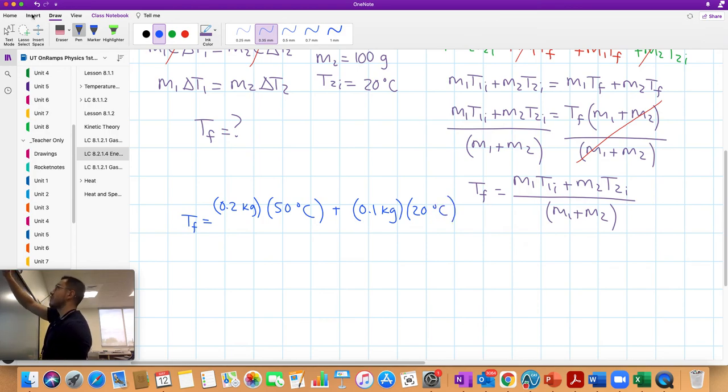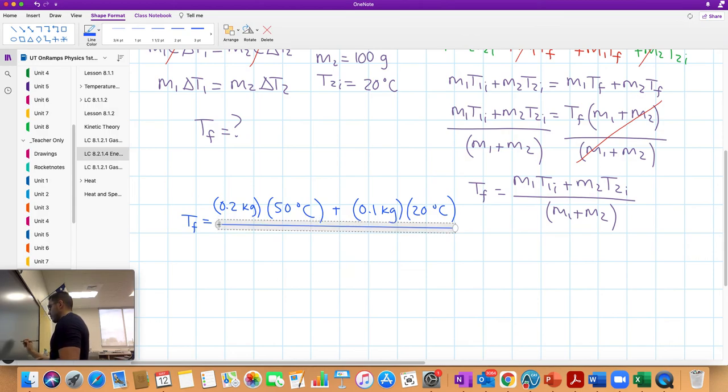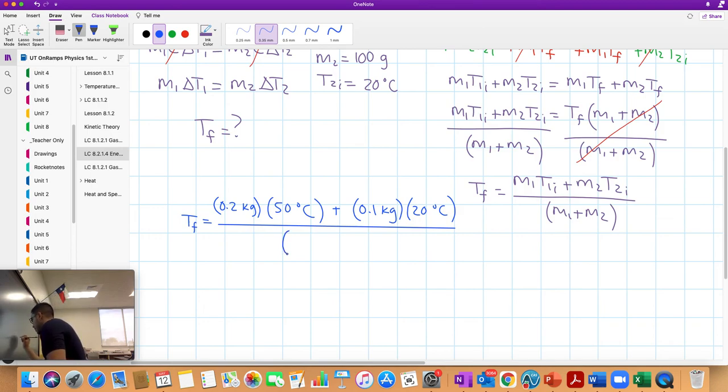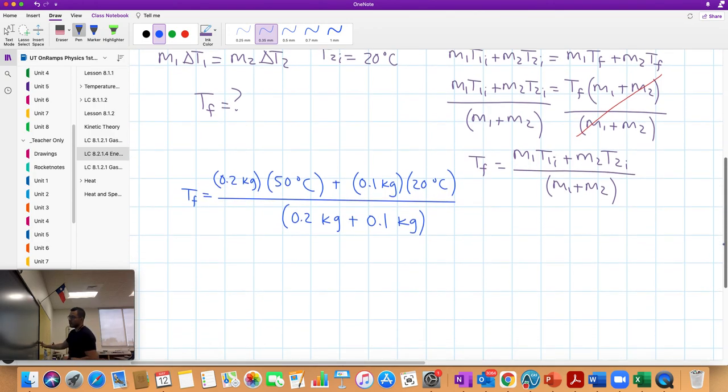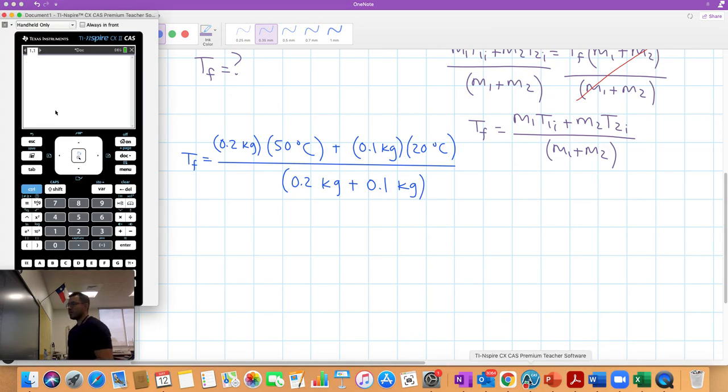And we're going to divide, let's fix it, there you go, by the summation of the masses, which was 0.2 kilograms plus 0.1 kilograms. There you go. That should give us the answer. Again, it should be anywhere in between 50 and 20 degrees Celsius. So let's try it out.